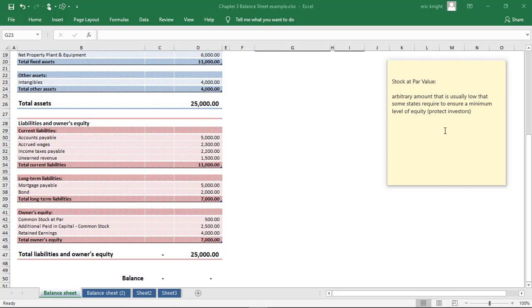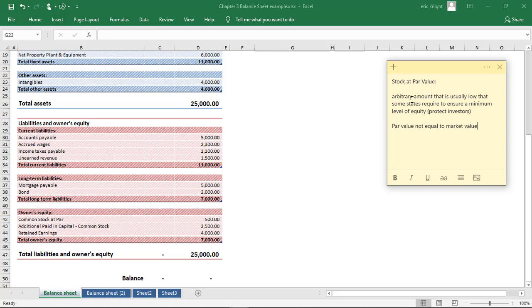So just something to remember, par value is not the same as market value. The market value is what it's actually going for in the market, whereas par value is a stated amount that's kind of a legal amount. So if the market says we're going to pay more than the par value, which is usually the case, then we have to put that extra amount somewhere.